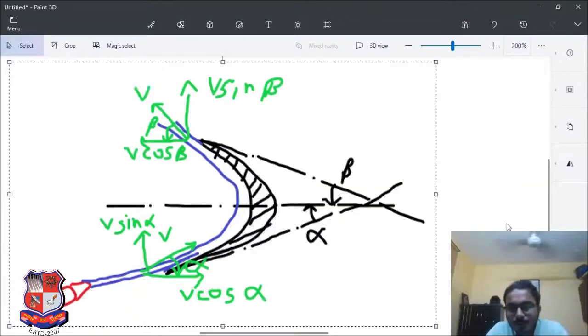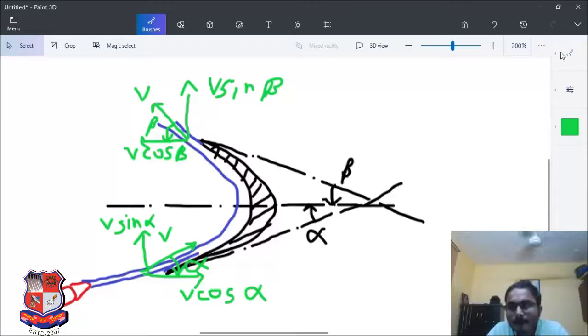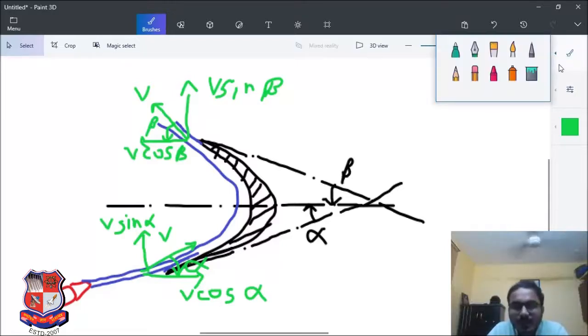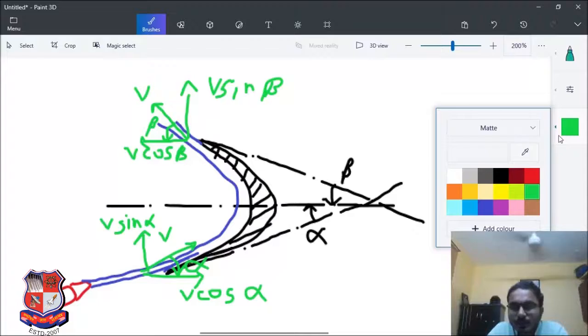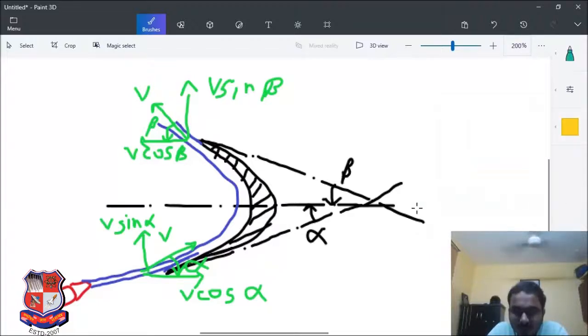If you see, if you need to calculate the angle of deflection here, then initially the direction was this. Initial direction of velocity was this, and final direction is now this.